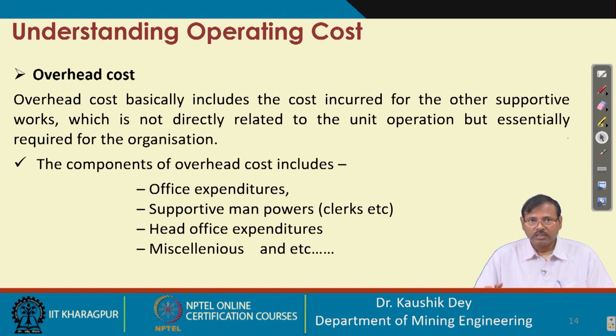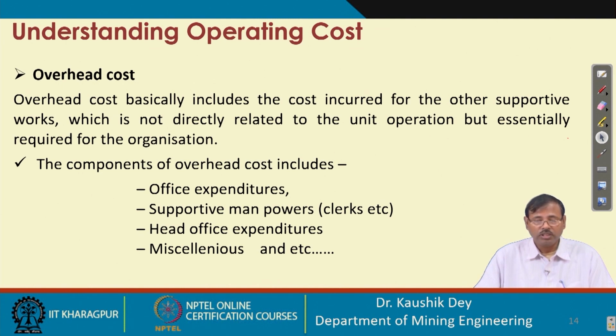So, all these costs are essentially required and you cannot avoid them, but they do not have any direct impact on the operation. Whether your timekeeper is coming to take attendance is not important, and it has no role on the performance of the drill machine or the performance of the blasting. So, that is independent, but this cost you cannot avoid.